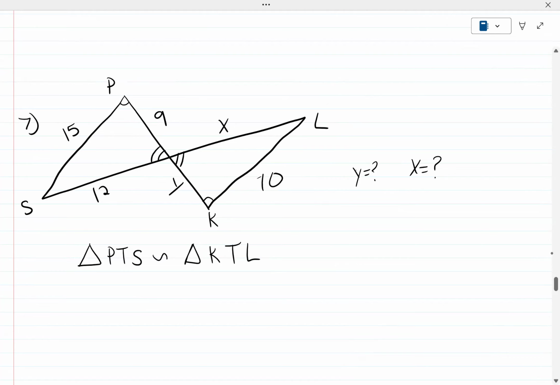Well, they're definitely similar because we just proved that two angles are congruent.